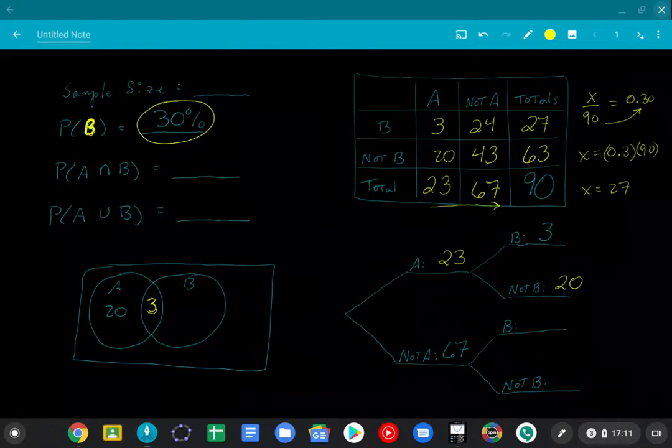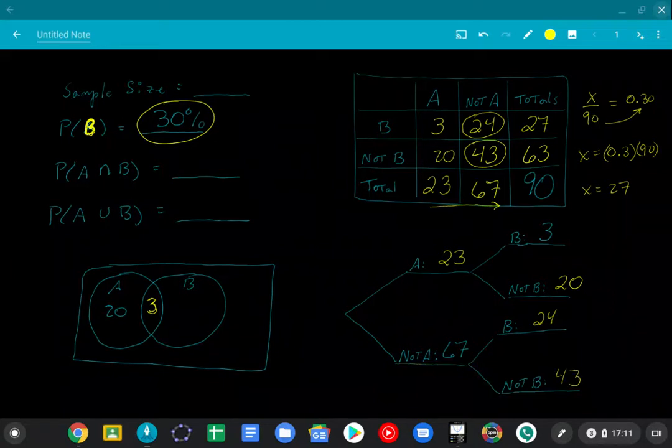What about not A? Not A is 67, which is true. And that breaks down to not A and B is 24. Not A and not B is going to be 43.